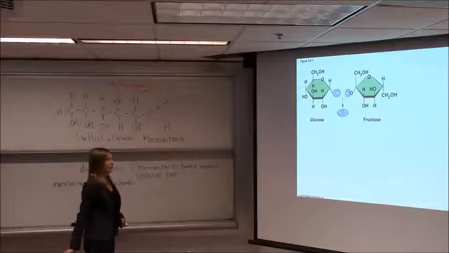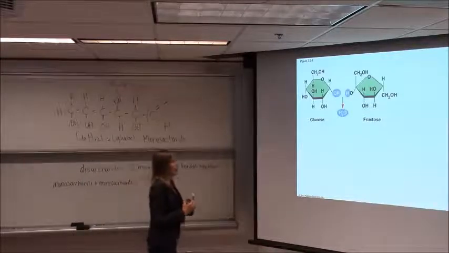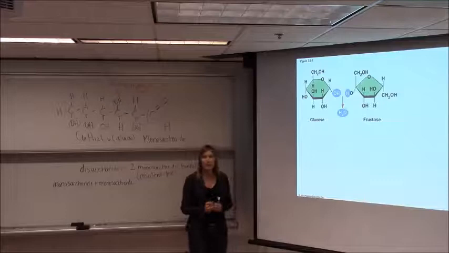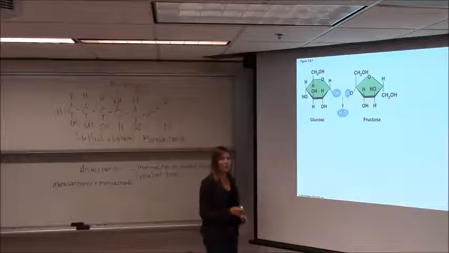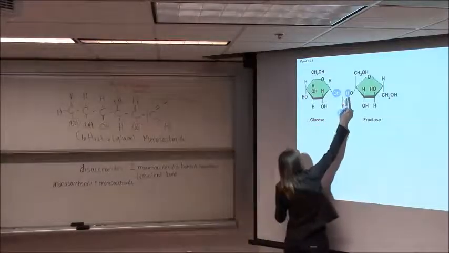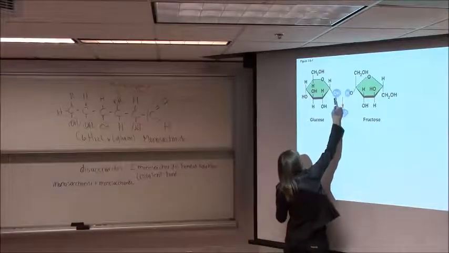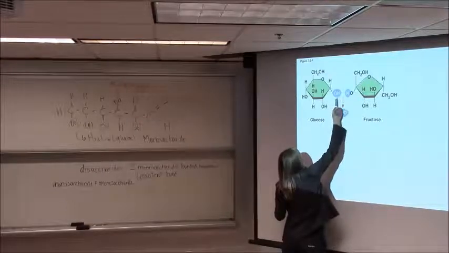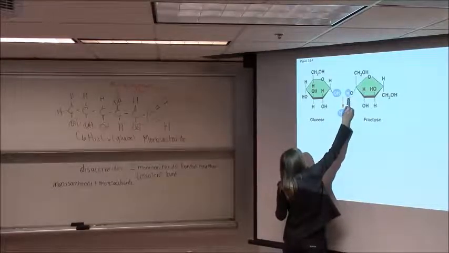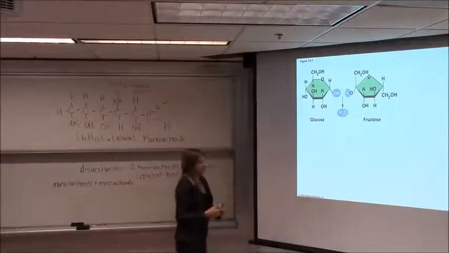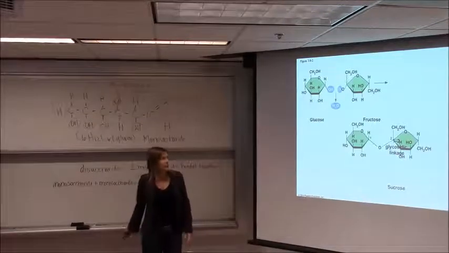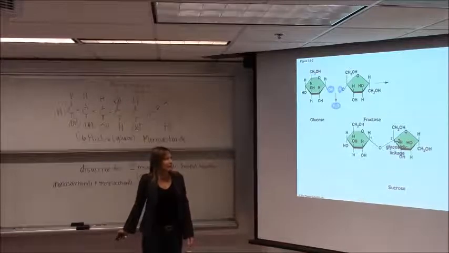Now this is showing 2 monosaccharides coming together. Remember, the way we link monomers together to form polymers is we remove water. Here's a very specific example of this. The hydroxyl group on one sugar and the hydrogen on the other sugar are being removed to form water. And now those two are going to link together to form a disaccharide.